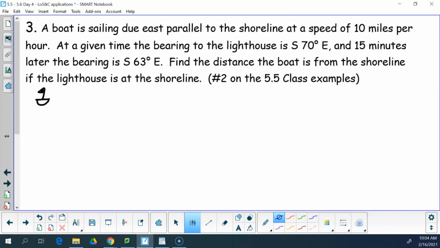So we've got a boat, and it's sailing along a path. That path is parallel to the shoreline. Somewhere on the shoreline, that's my lighthouse.